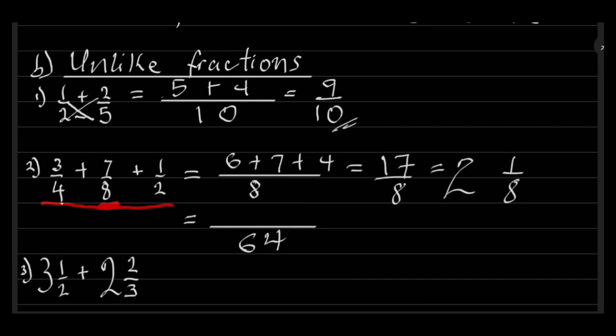So first, to get the value for the first numerator, 3 is going to multiply 8, and then the answer will be multiplied by 2. So 3 times 8 will give us 24. 24 times 2 would give us 48.